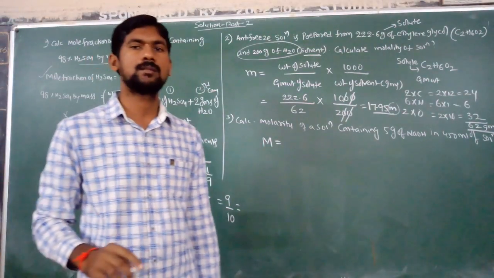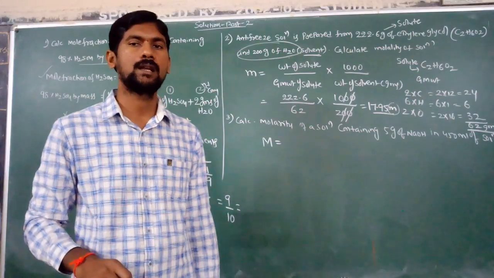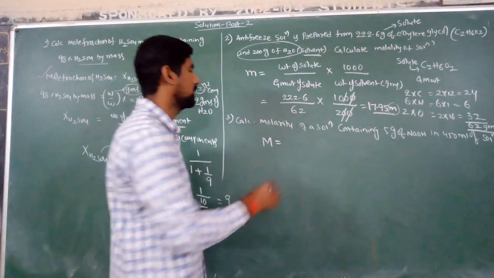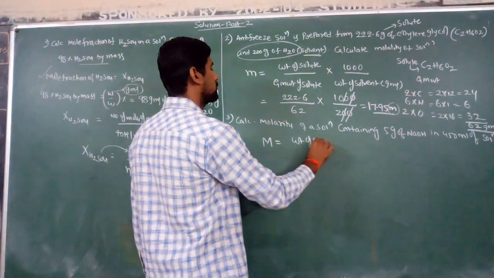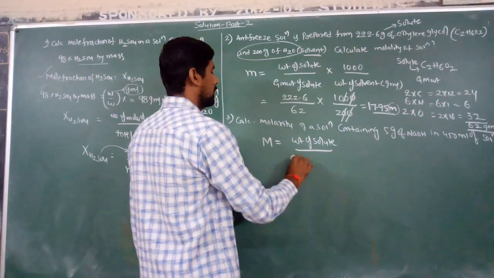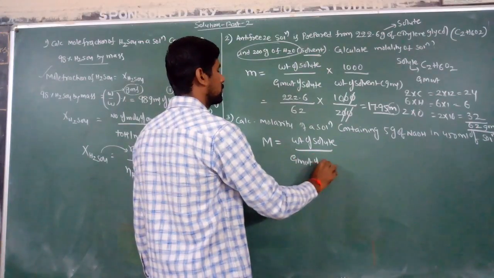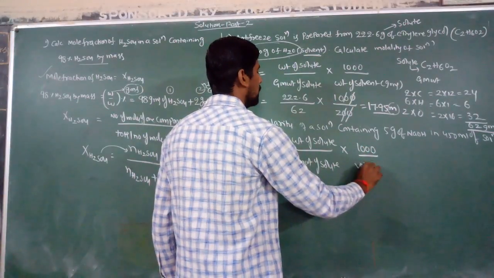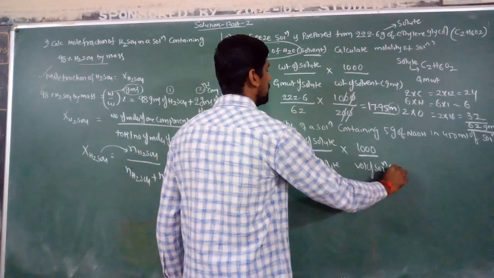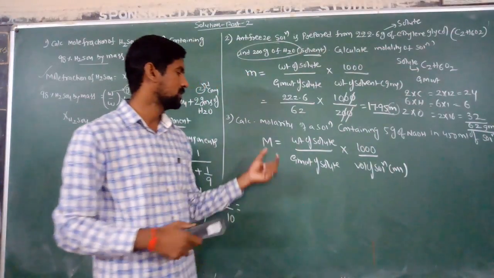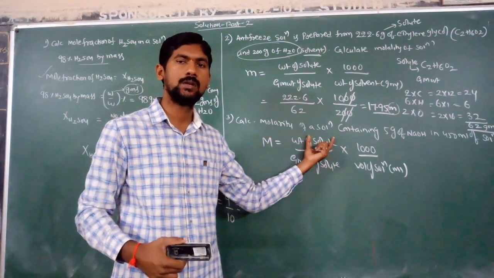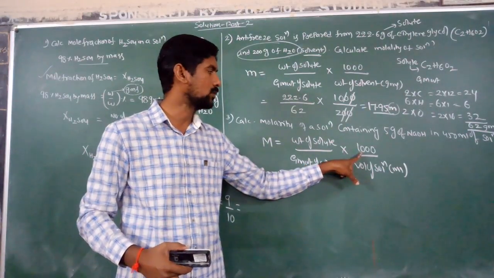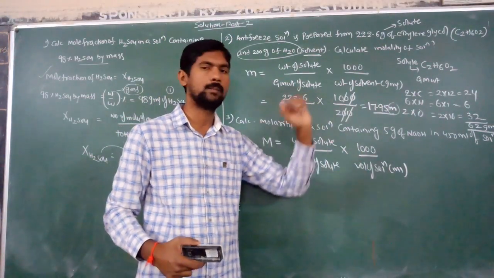Molarity is denoted by the symbol capital M. The formula of molarity is weight of solute by gram molecular weight of solute into 1000 by volume of solution in ml.